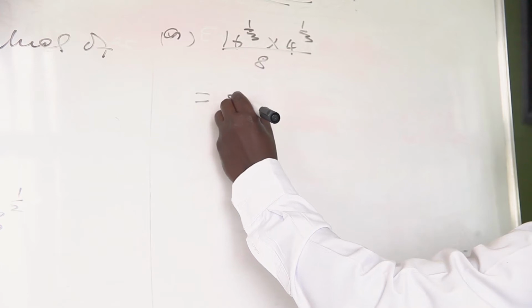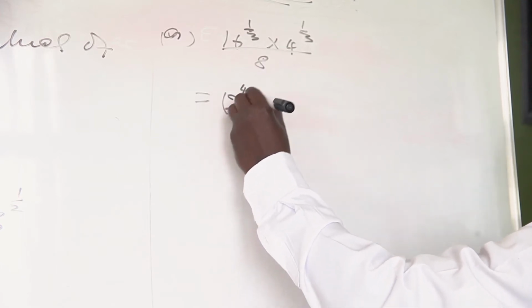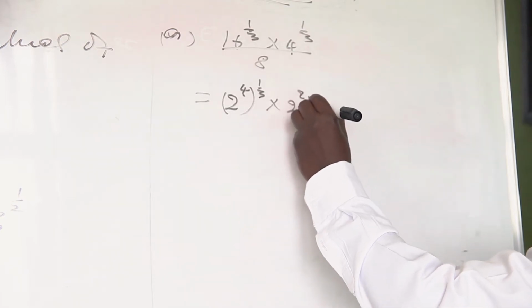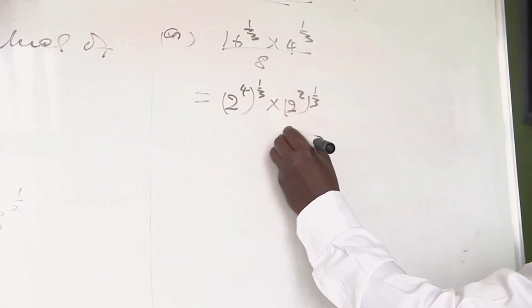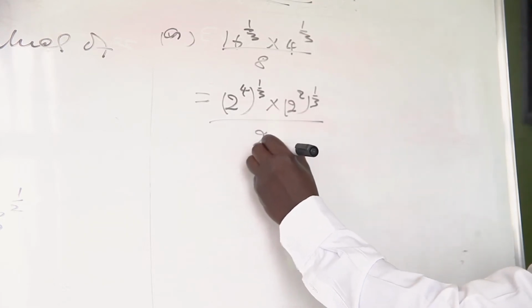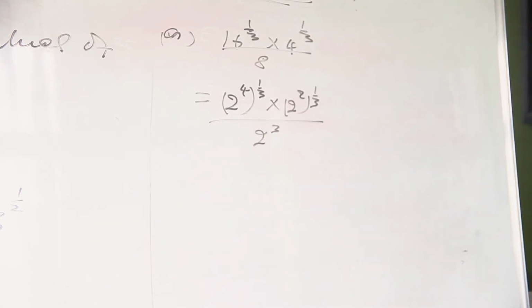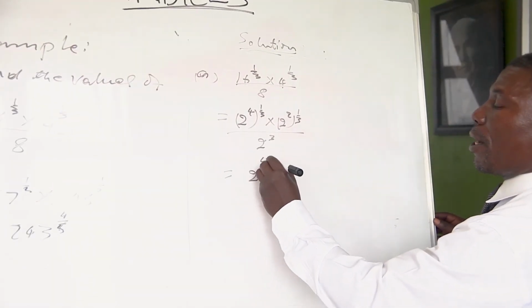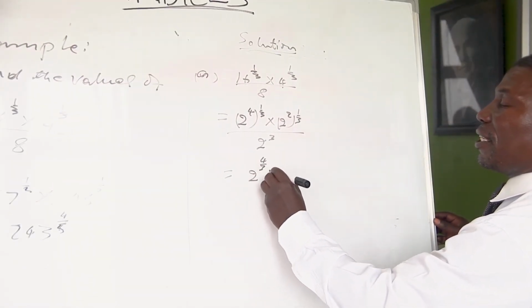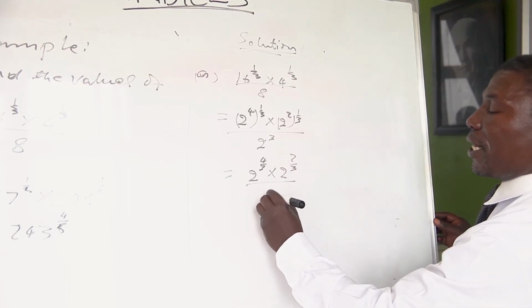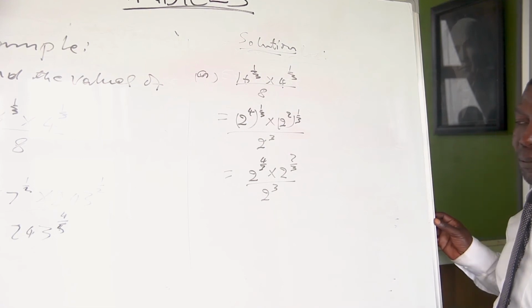So this is 2 power 4 to the power third, multiplied by 2 power 2 to the power third, divided by 2 power 3. So what we have here is 2 power 4 over 3 times 2 power 2 over 3, divided by 2 power 3.